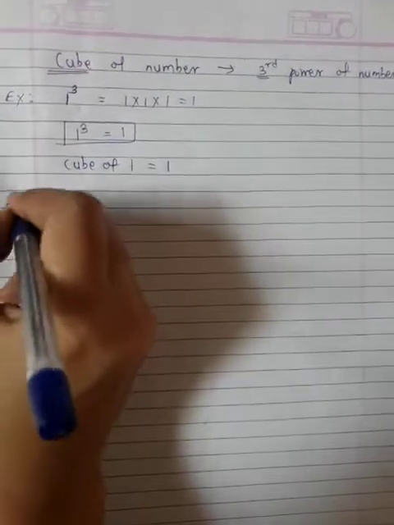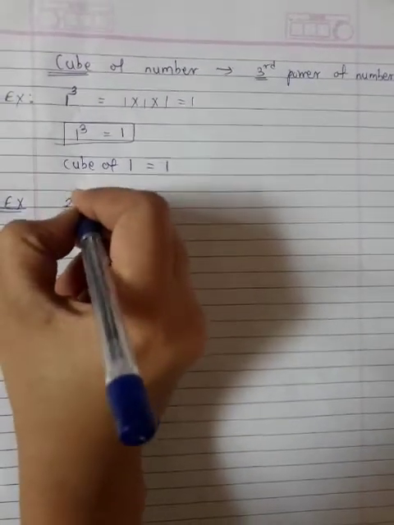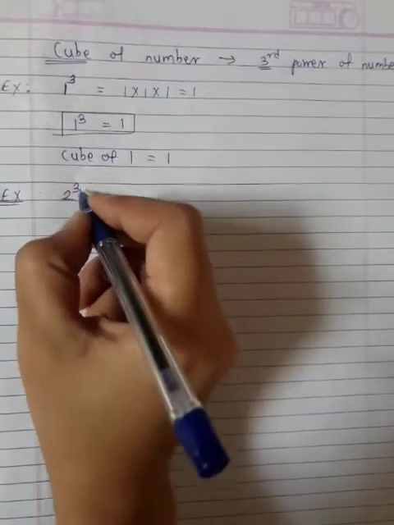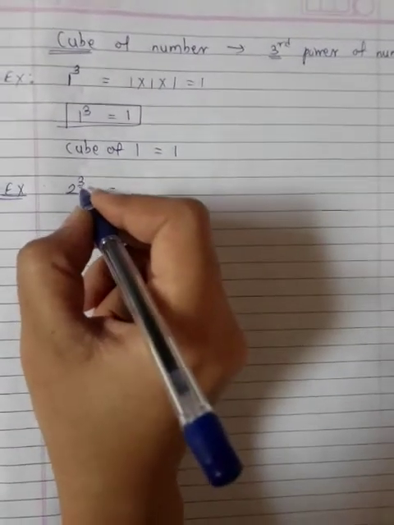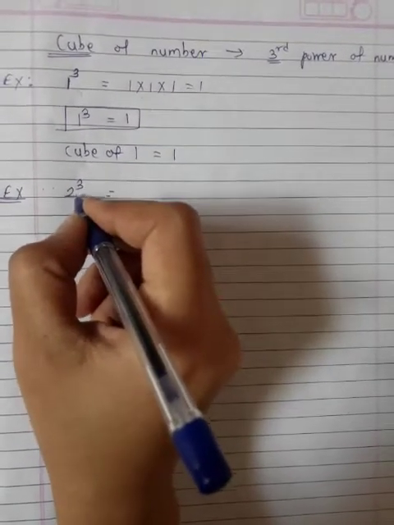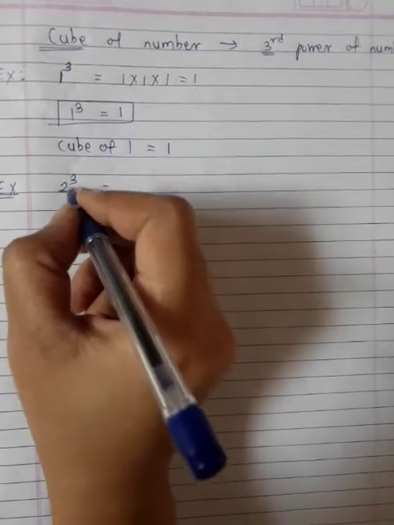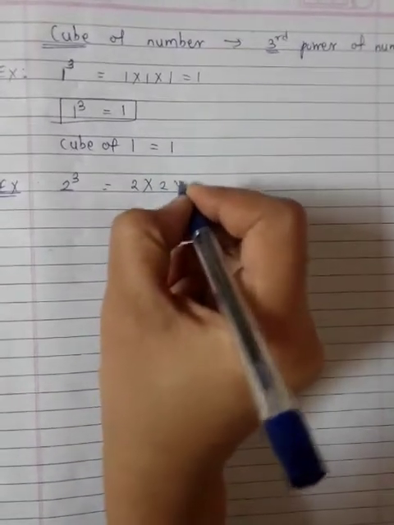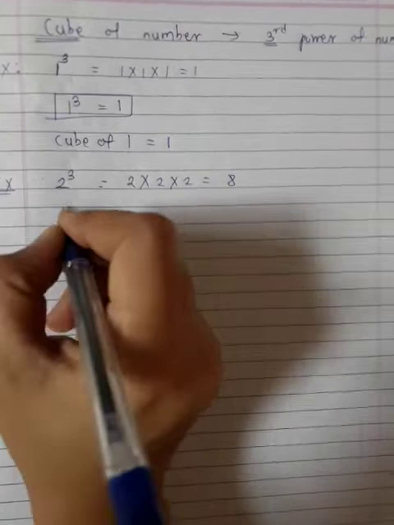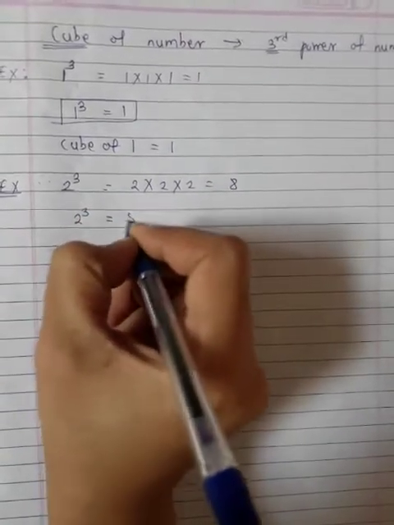The cube of 1 is 1. Okay, take the second number, 2. The third power of 2 is the cube of 2. So 2 raised to 3 means multiply 2 three times, it gives 8. So 2 cube is 8.